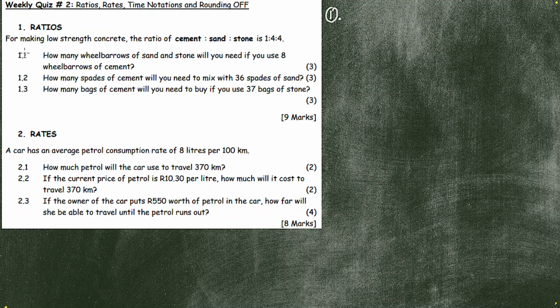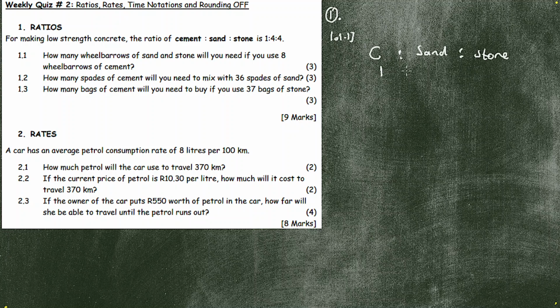So number 1, ratios. We were given the following statement. For making low strength concrete, the ratio of cement, sand, and stone is 1:4:4. How many wheelbarrows of sand and stone will you need if you use 8 wheelbarrows of cement? So I have cement to sand to stone.